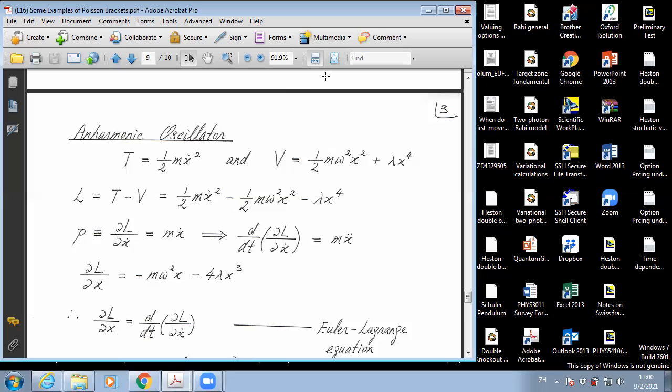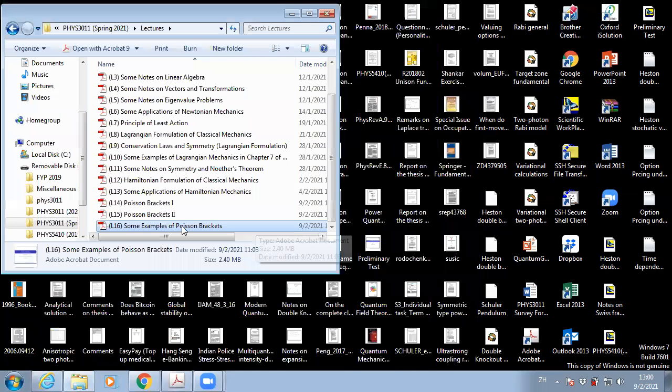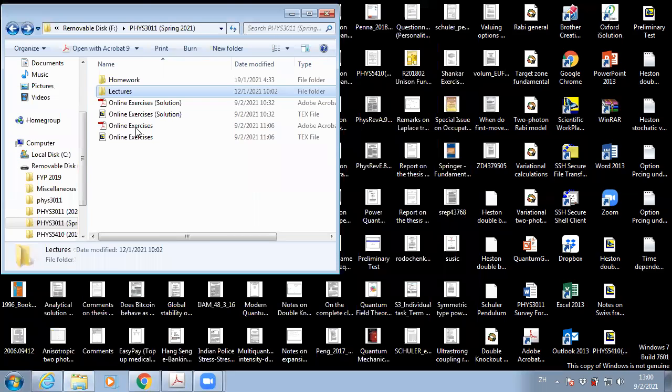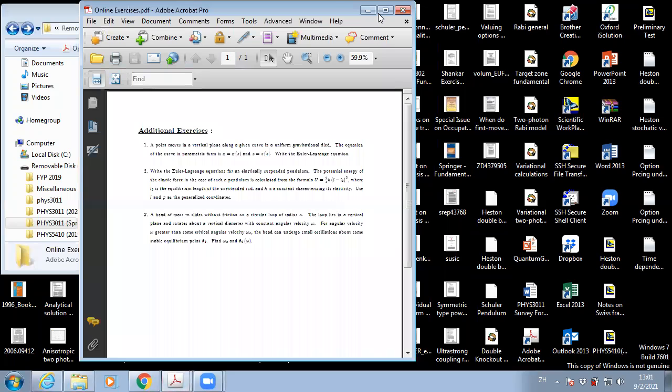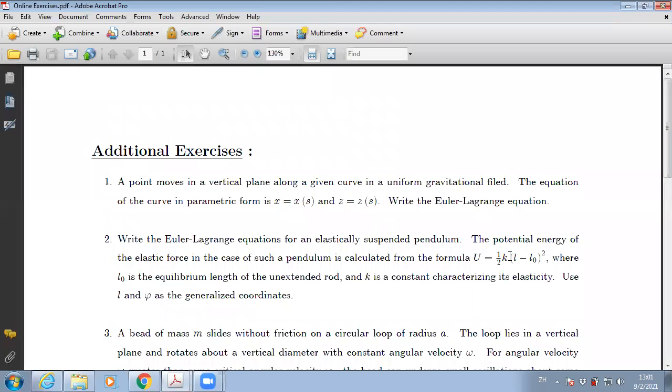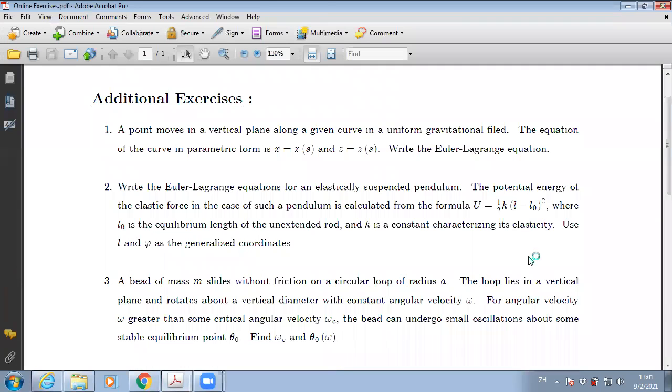All right, before we go, I have some online exercises for you. I hope you can try to work them out. You can all see it, right? Question 1, a point moves in a vertical plane along a given curve in a uniform gravitational field.